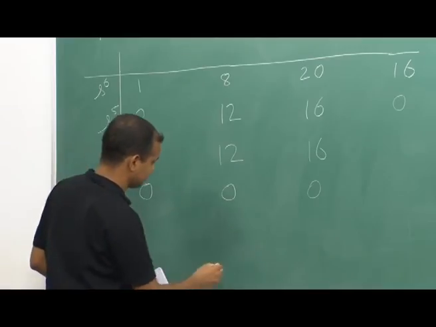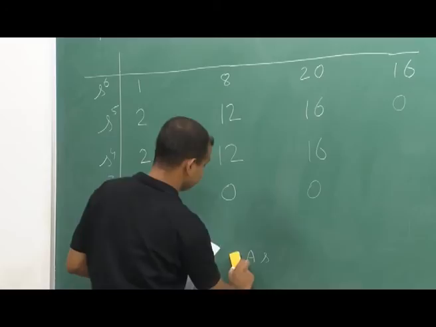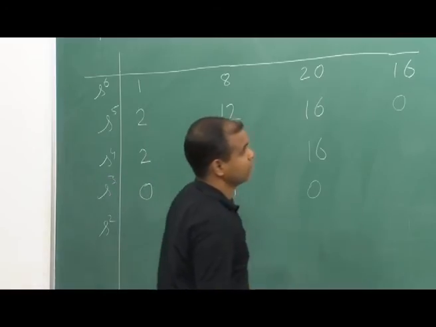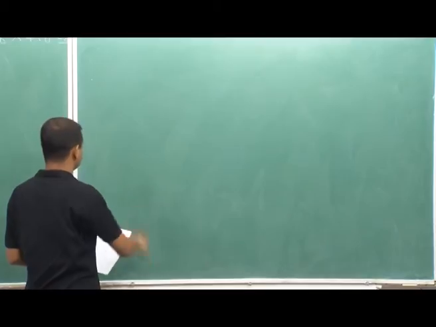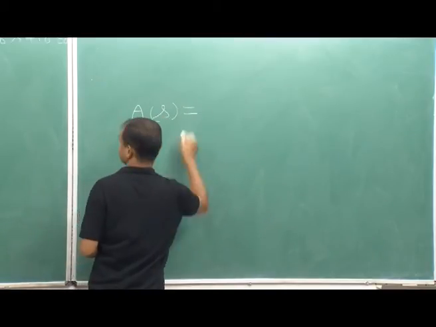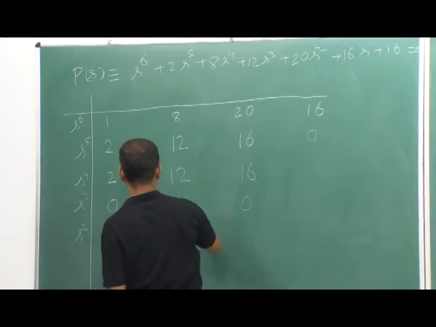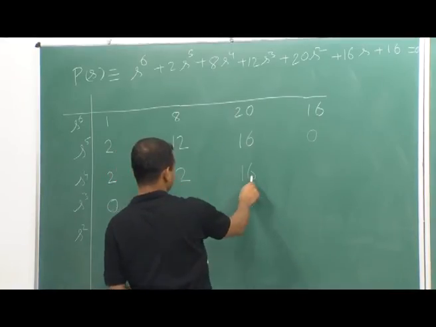So, in this case our auxiliary equation will be A of s. So, let me write it on another board. So, the auxiliary equation will be two s to the power 4 plus 12 s square plus 16.